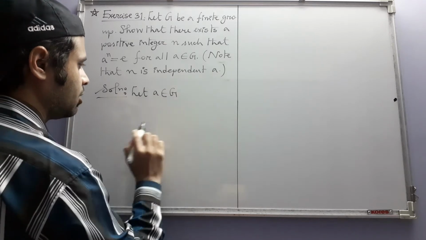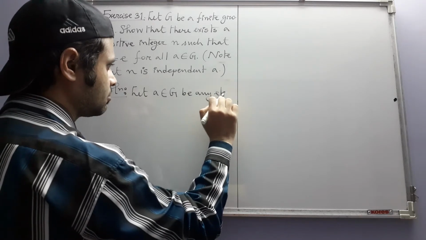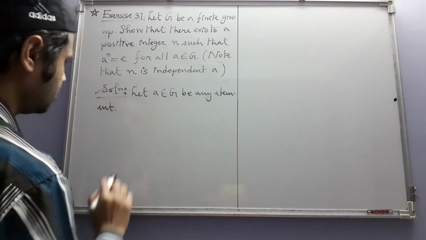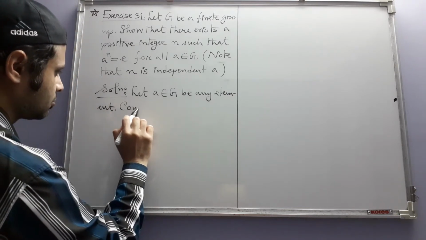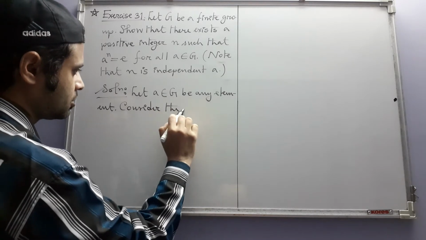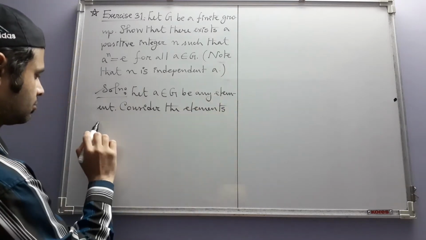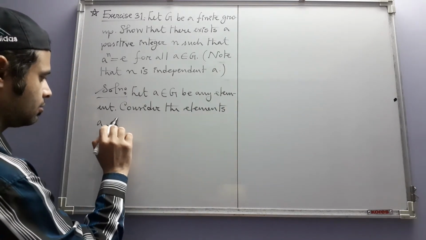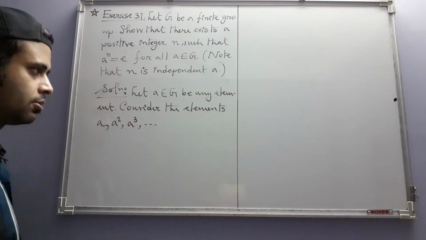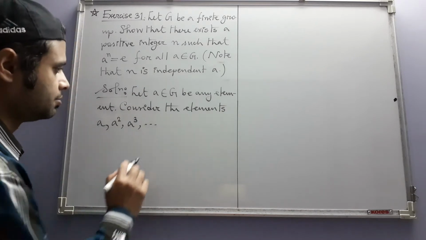So let a belonging to G be any element. Consider the elements a, a square, a cube, and so on, all the positive integral powers of a.